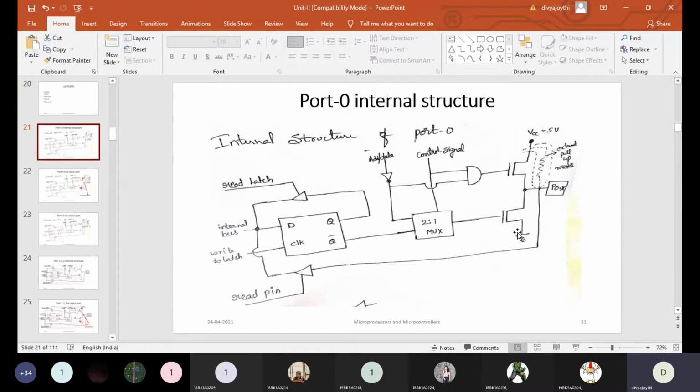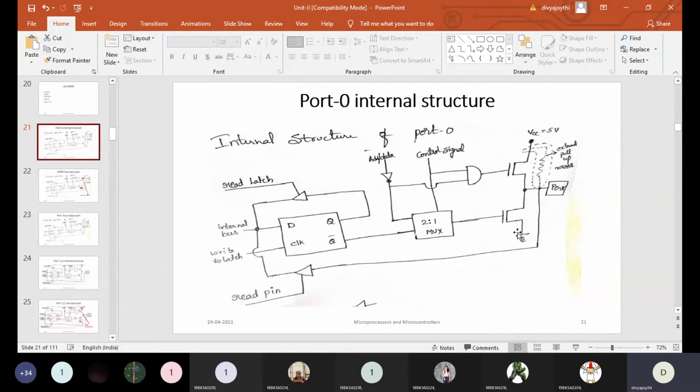In yesterday's class, while discussing the pin description, I clearly mentioned that if logic 1 is present at the pins of port 0 or the remaining ports, that indicates those pins are acting as input pins. Acting as input pins means they are ready to take the input from the external devices.